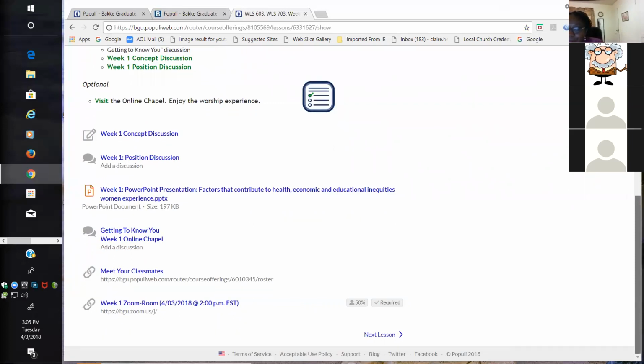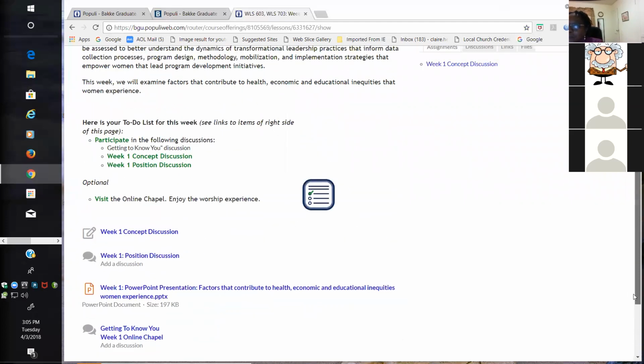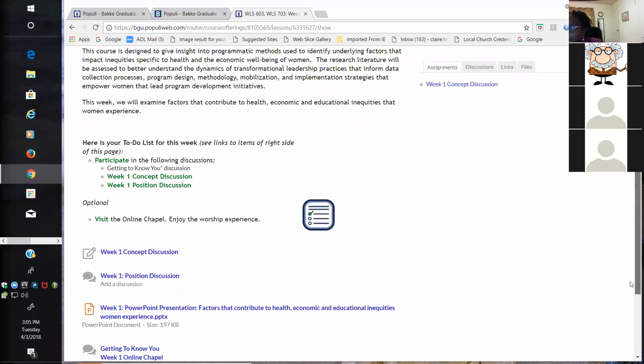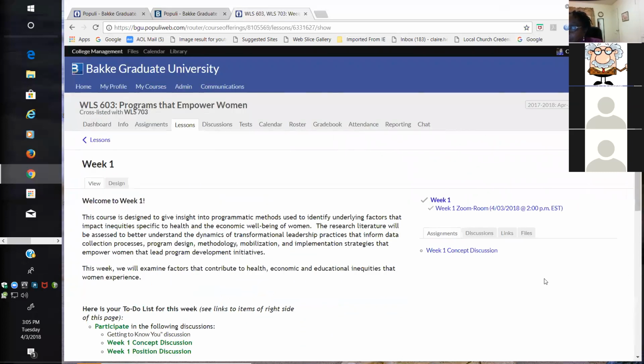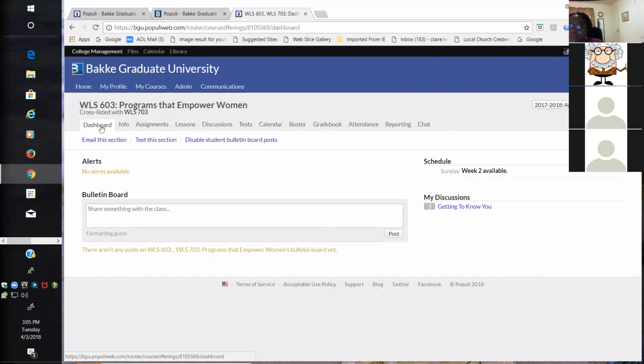Well, you went through how to access the PowerPoints, and you know that the students can download them and save them to their own machine to review even when they're offline. Yes. If you can look out for announcements on the dashboard, that's the first screen you see when you log in. If there's any announcement, I'll put it there.